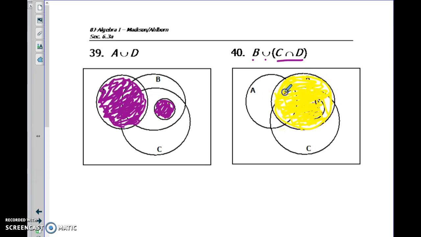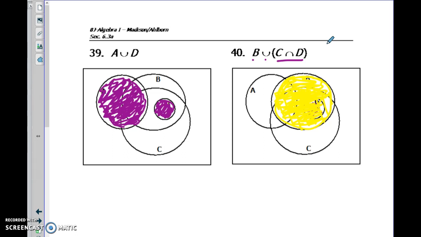Okay, so to sum up the lesson, this little upside down U or hill is what we call the intersection. And when we have two sets, the intersection is only the overlapping pieces in both. If we had the set of students in band and the set of students in choir, the intersection of those two sets would only be the students that are in both band and choir.